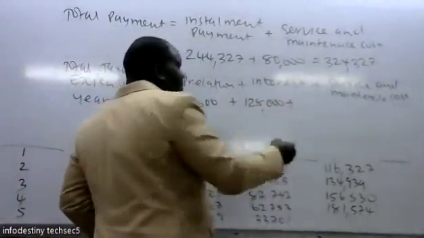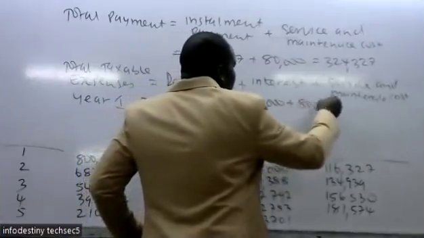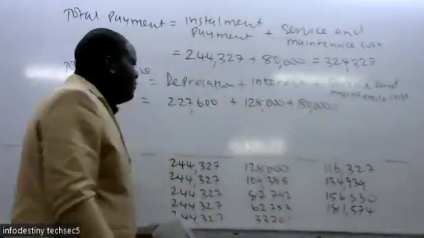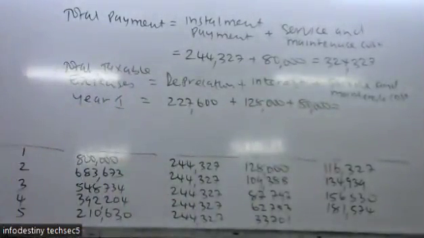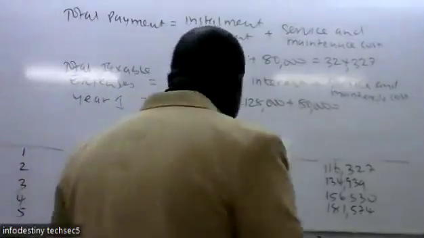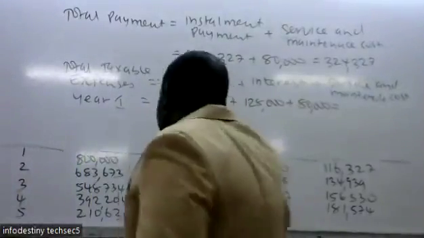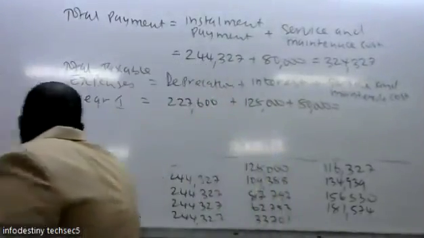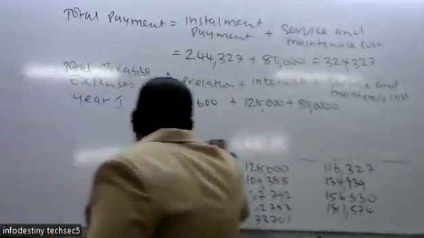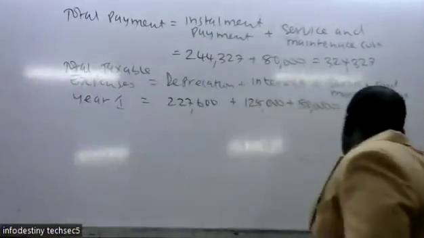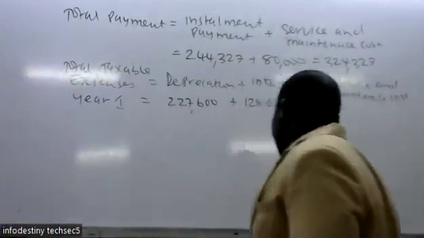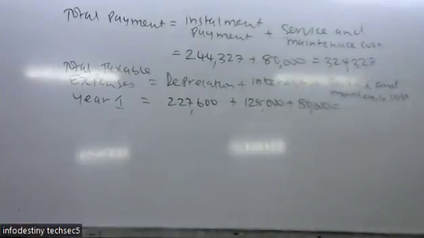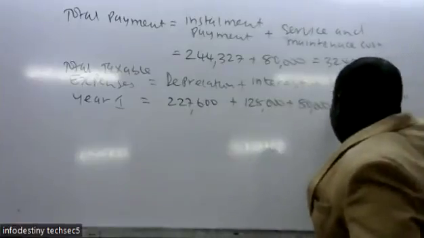And the service and the maintenance cost is how much? 80,000. So you add them together so that you get the taxable expense. So how much is that? 435,600.